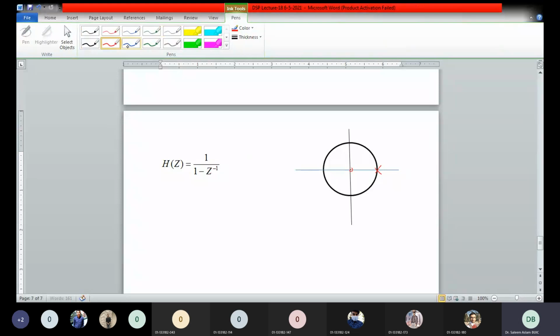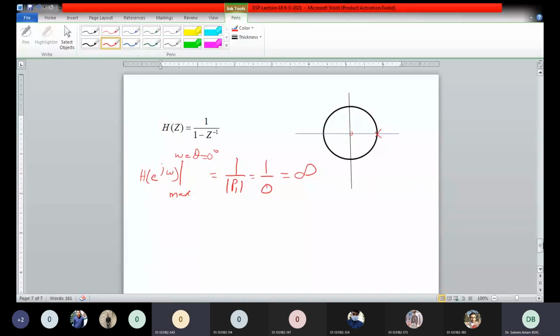And a zero here. So what would be the maximum value? |H(e^{jω})| max at ω equal to 0, θ is 0 degrees. So this is 1 by |p1|. |p1| is basically 0 because the pole is lying on the unit circle. So 1 over 0 and it would be infinity. Is it like this?